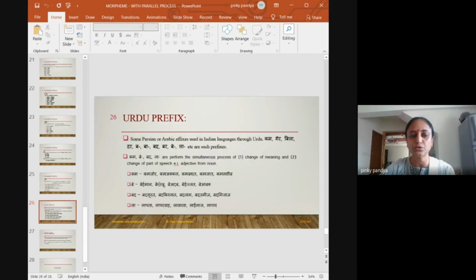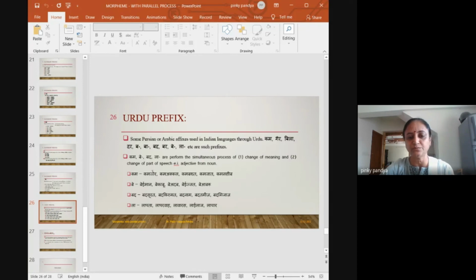In Urdu also we can see this. There are many affixes from Persian or Arabic that we have through Urdu. Some of these prefixes, like kam, in kamjora. Jor is the root word, but kam adds the meaning of less, and it changes the part of speech: jor is a noun and kamjor is an adjective.